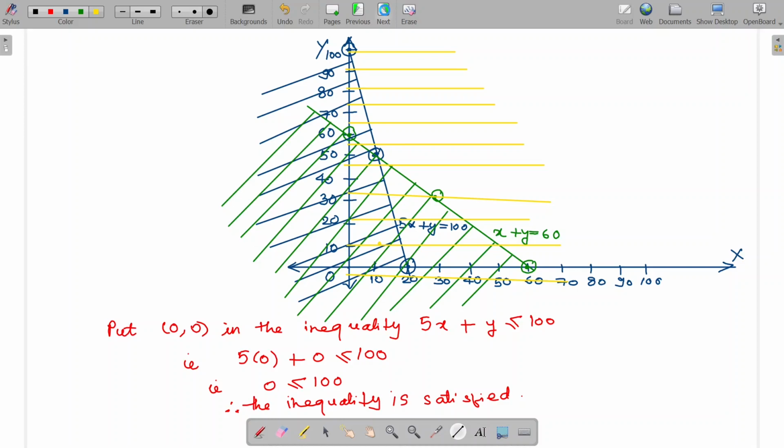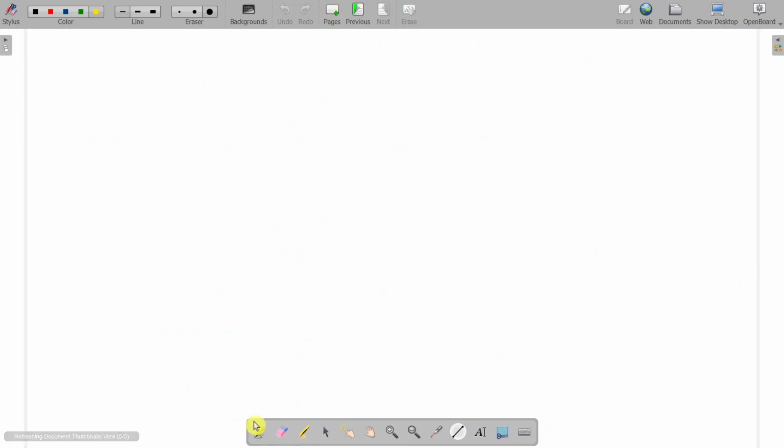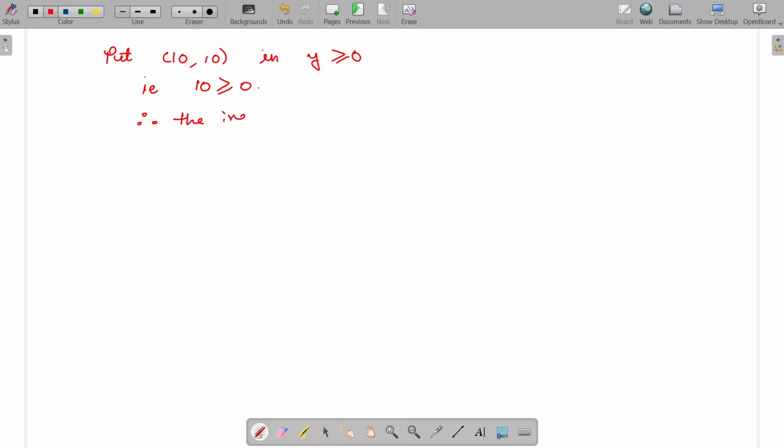Okay, now similarly we have to put again 10, 10 in the fourth inequality. So put 10, 10 in y greater than or equal to 0. Okay, so that is 10 is greater than or equal to 0, right? So therefore the inequality is satisfied.